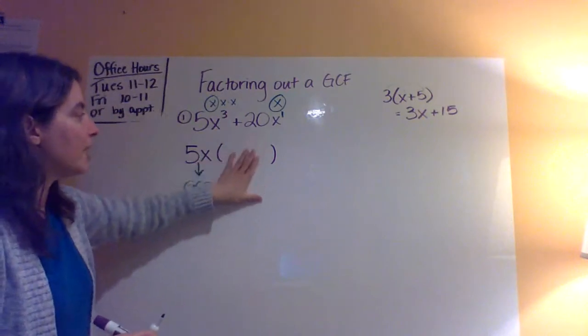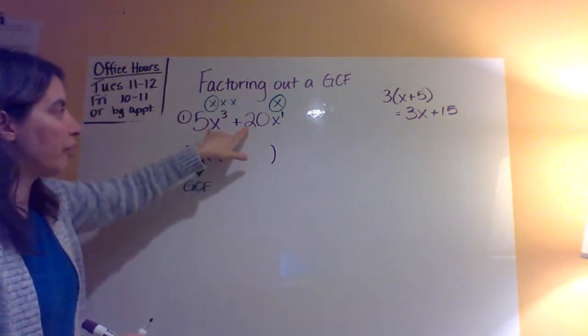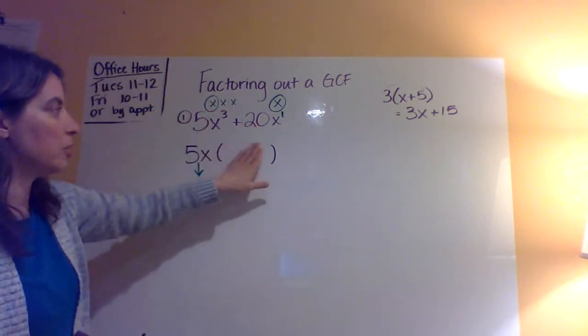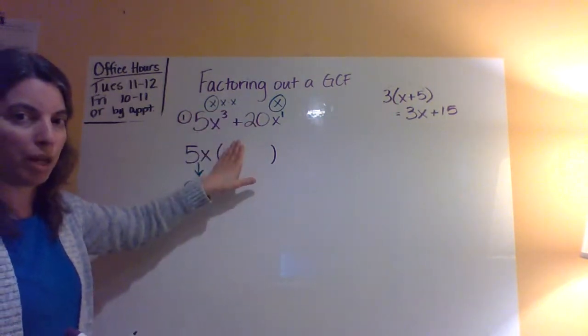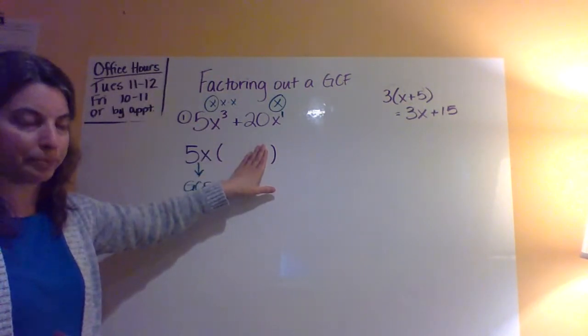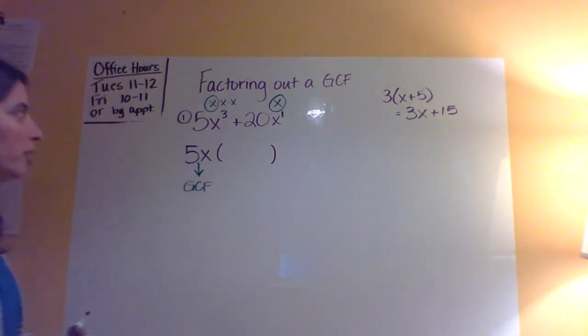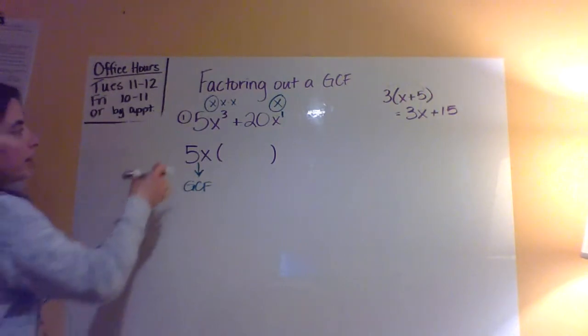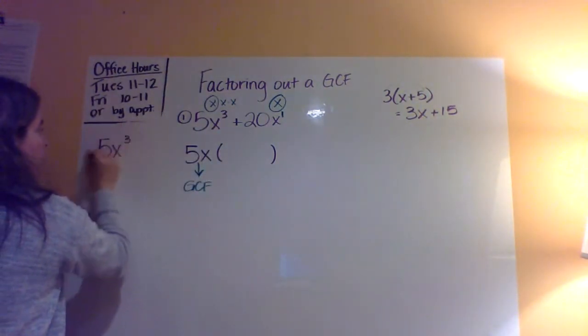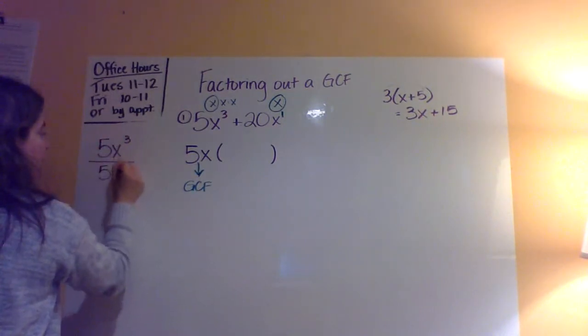So what I have in here is whatever's left from up here. So if there are 2 terms in my expression, there need to be 2 terms in my parentheses because whatever's left over from the first term, whatever's left over from the second term. So there are a few different ways you can think about this. One way is to divide. I could take that 5x cubed and divide by 5x.